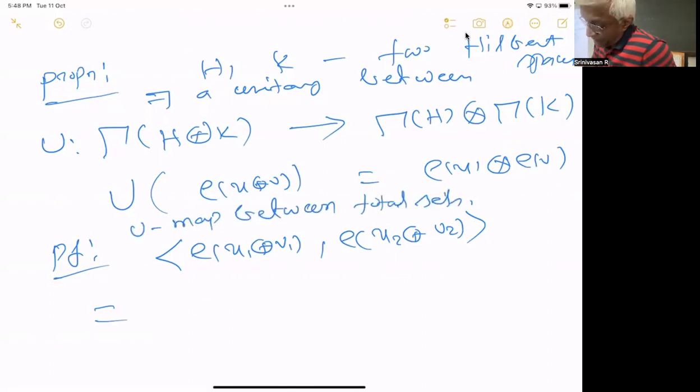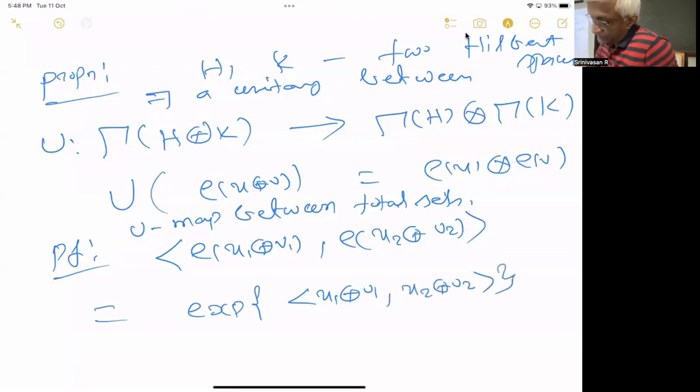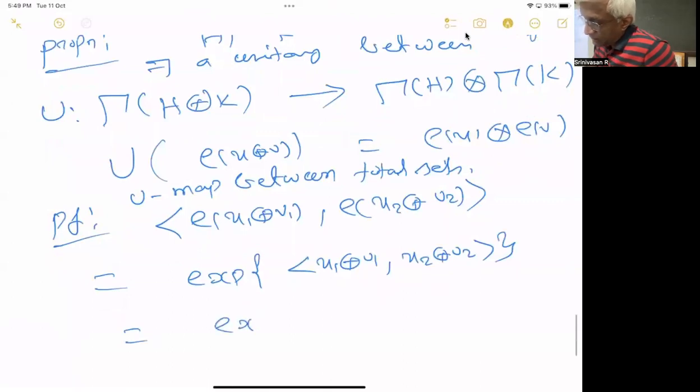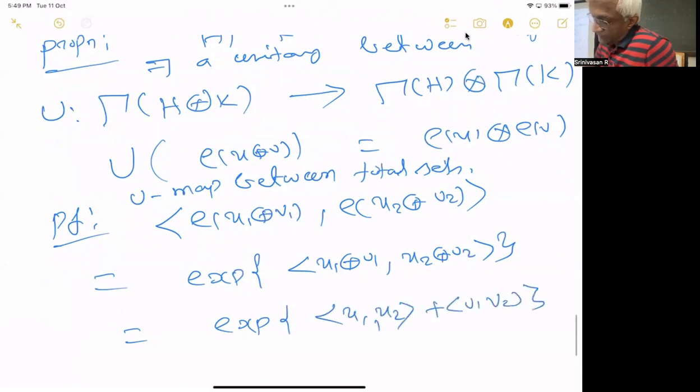So this is equal to, I mean, this is e power, that's what I'm writing. It's a function, so by x, I mean the function. The inner product of E of U1 direct sum V1 with E of U2 direct sum V2 is equal to the exponential of the inner product U1, U2 plus the inner product V1, V2. This is equal to the exponential of U1, U2 times the exponential of V1, V2.